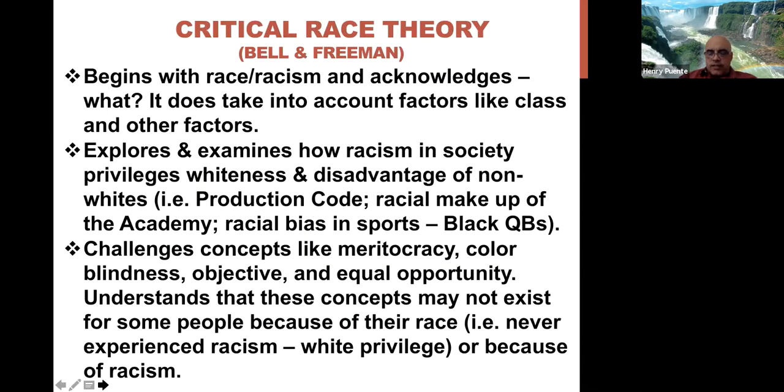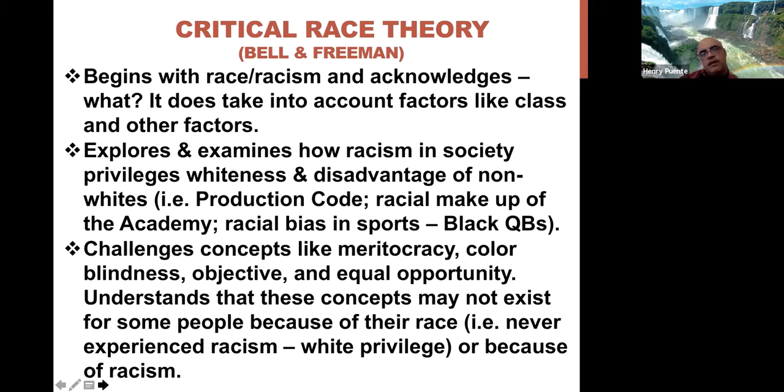So, critical race theory, which I talked about just a tiny bit with bell hooks. It begins with the idea of race and racism, and acknowledges that it is connected with the subordination and the repression of others, right?